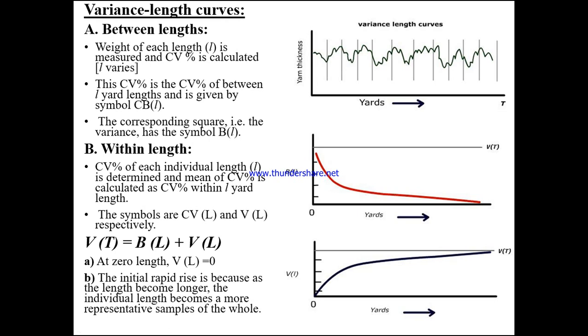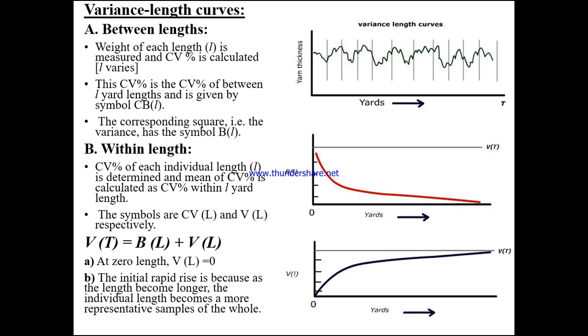Right? Now the next concept, the variance within the length. Now we have the cut length, small l amount of length of yarn. Now we measure the mass variation within that l length of yarn only.